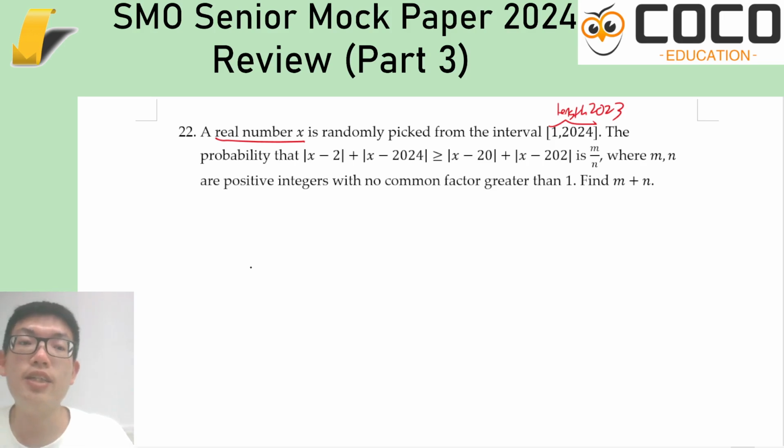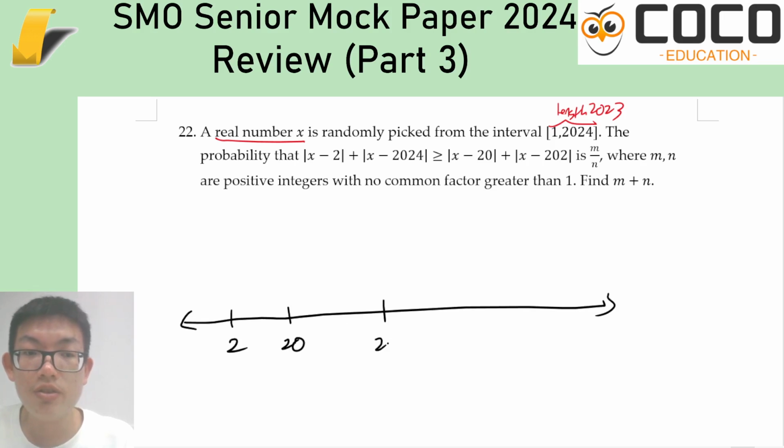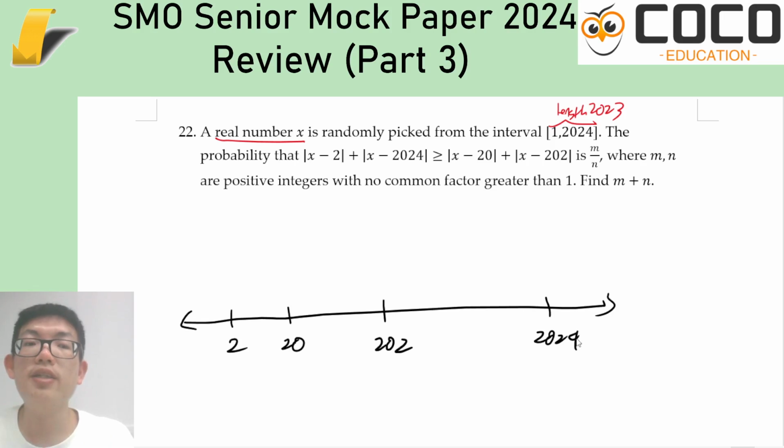Other than that, classic absolute value question, just split the number line into different regions. The critical points of your number line are when all of those individual ones are 0, so there's a 2022, 2023, and 2024, not to scale. And the different intervals are what you check.